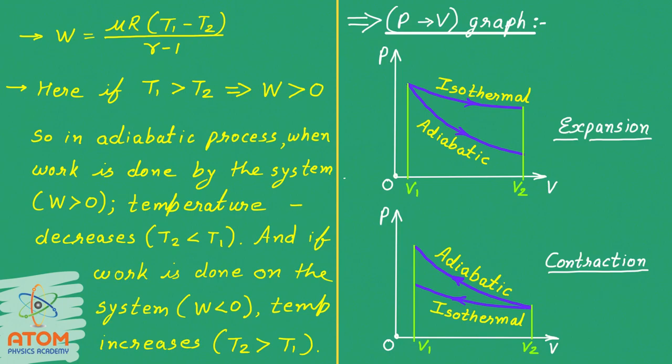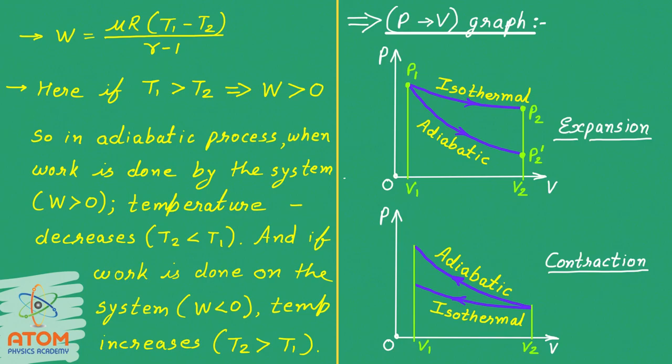Moreover, you can also see one more big difference. See, this is the initial point, right? So let us say the pressure is P1 here, and for isothermal process the final pressure is P2, whereas for adiabatic process the final pressure is P2 dash. Now you can see that initially pressure was same in isothermal and adiabatic process both, but after expansion the pressure of isothermal is more than the pressure of adiabatic, whereas the volume is the same.